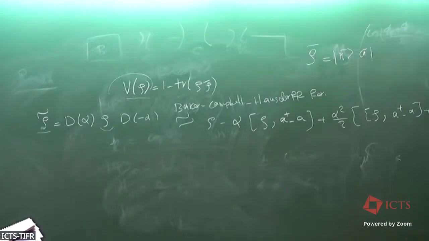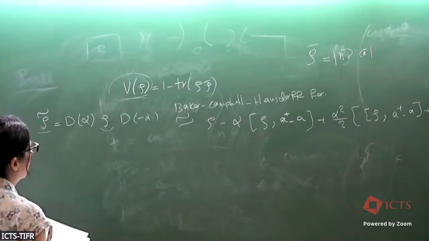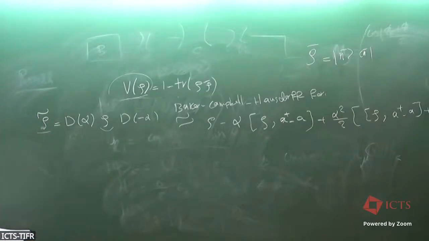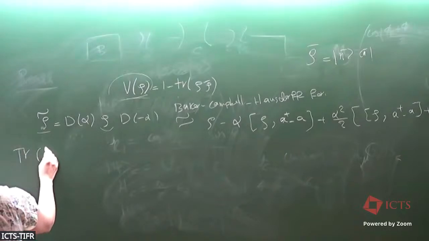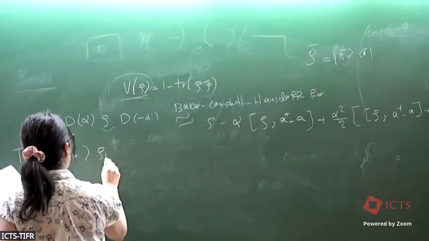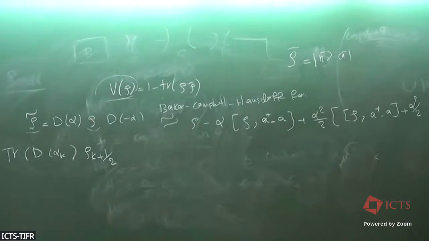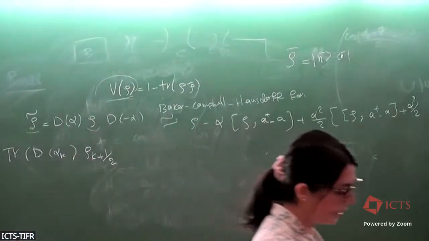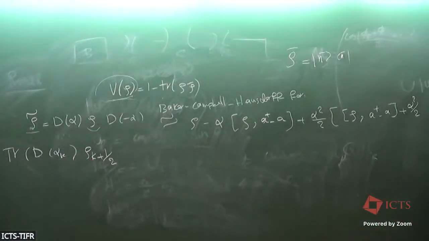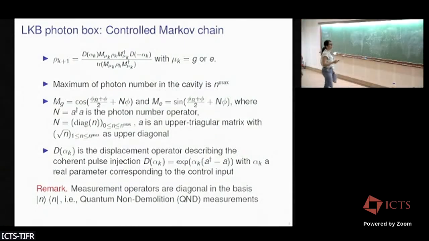So then it's good because you can develop this distance by using this formula. It's sufficient to look at the trace of D alpha k, I will call it rho k plus half, the state after. I don't remember if I used it in the notation. So here I will call it rho k plus half, the intermediate state before control.